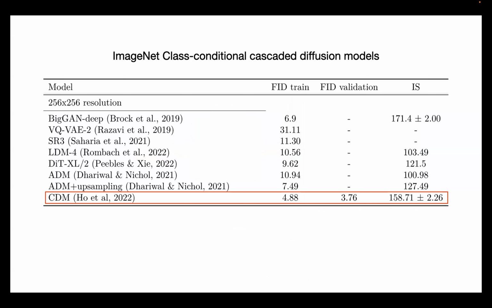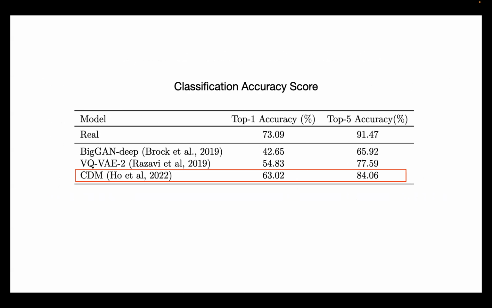And we were pretty excited about this because, among other things, it did great on FID and inception score. And even more excitedly, it really made a big bump in the quality of our classification accuracy score. And in particular, what it did was it took the gap between the previous models and the baseline model, and it cut it in half.